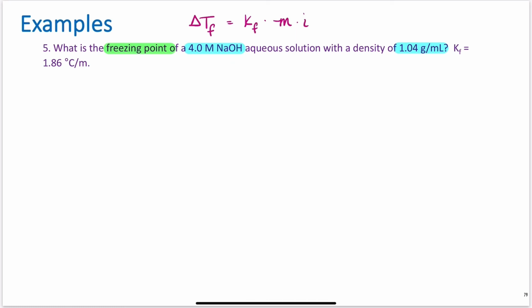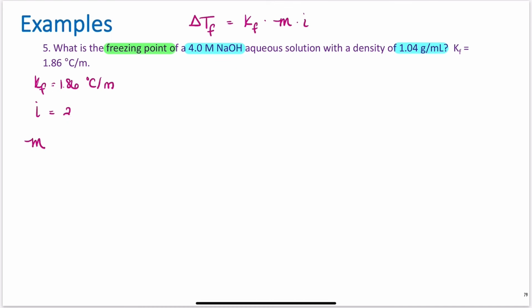What pieces do I know? Kf, I know, is 1.86 degrees C per mole. I know i is equal to 2 because I have sodium hydroxide. So how can I get the molality? What is molality?